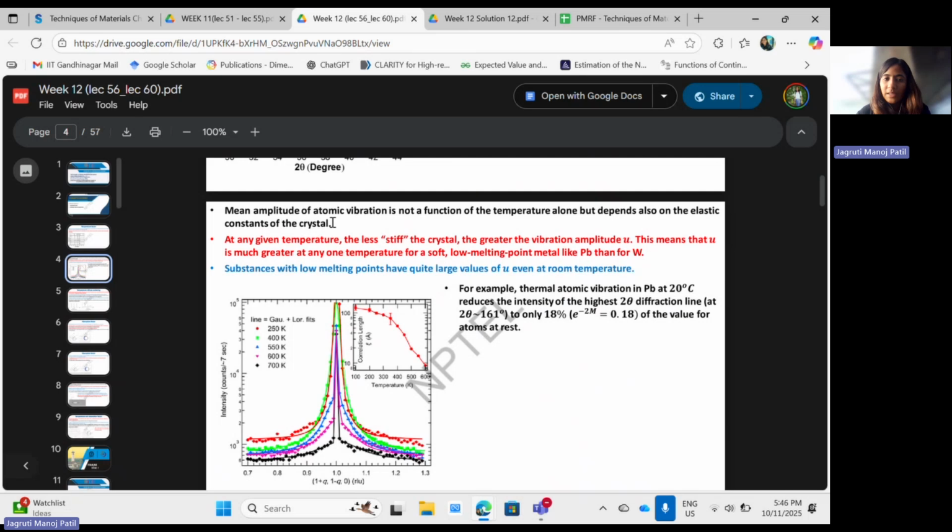The mean amplitude of this atomic vibration is not only a function of temperature, but it also depends on the elastic constants of the crystal you're looking at. At any given temperature, the less stiff the crystal, the greater the vibration amplitude. This means that the amplitude at one temperature is much greater for a softer, low melting point material, like lead, compared with that of tungsten.